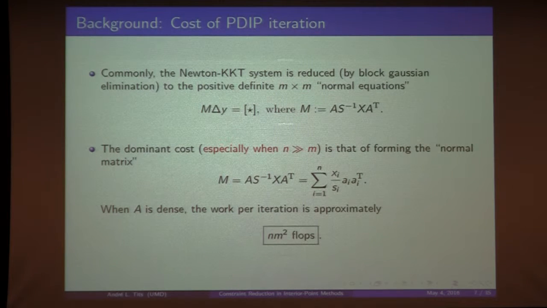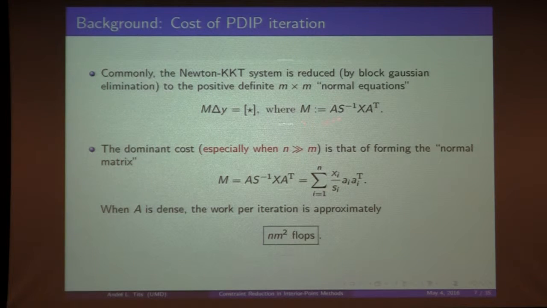It turns out that the cost of forming M, of computing this matrix product, is the dominant cost. The other cost is to solve this linear system. This matrix is symmetric, so you can use Cholesky decomposition, and the cost is m cubed over 3, m being the dimension of capital M.